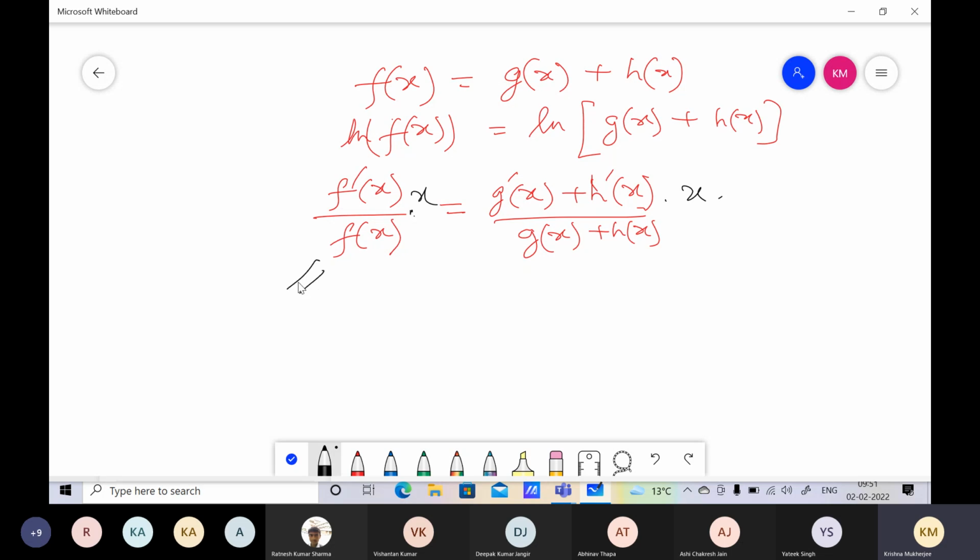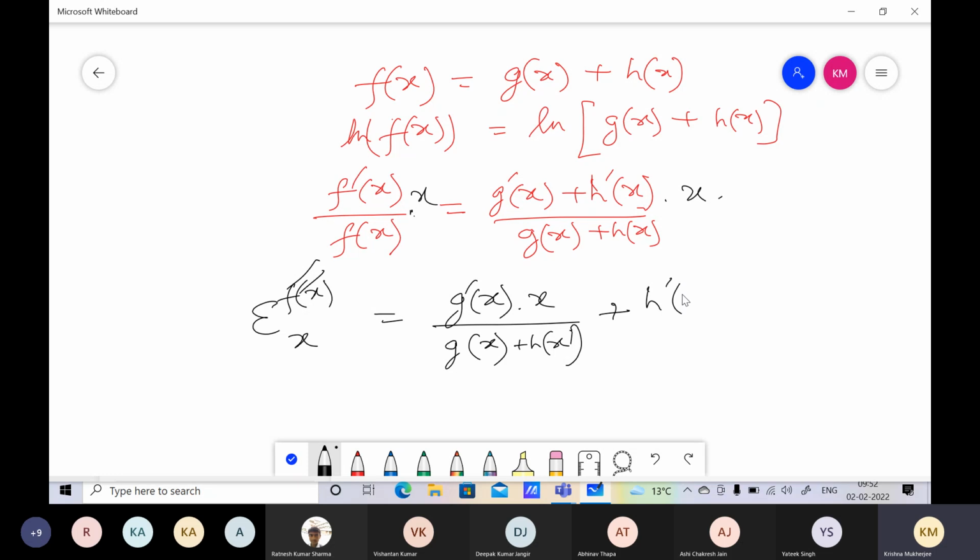This here becomes your E of f(x) by x. Now this side here is actually problematic because it is g prime(x) into x upon g(x) plus h(x), and this plus, of course, h prime(x) into x upon g(x) plus h(x).